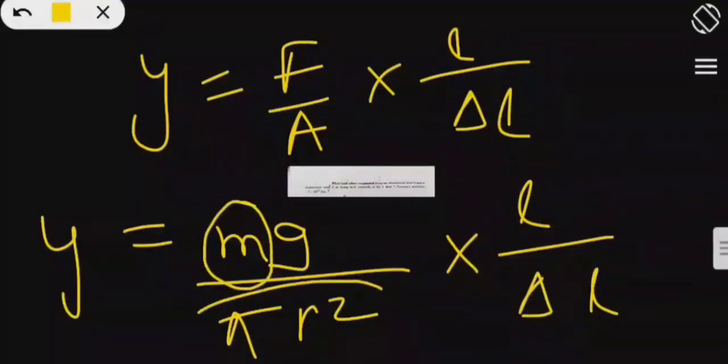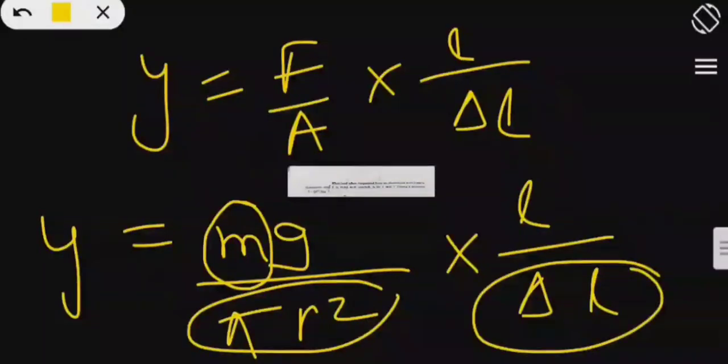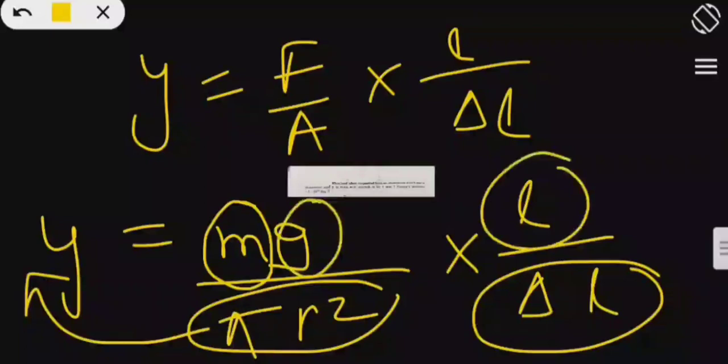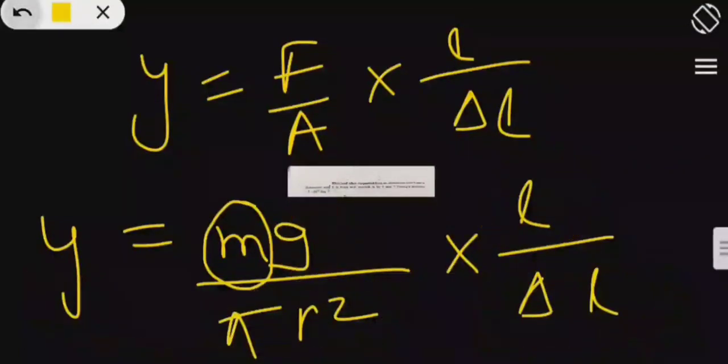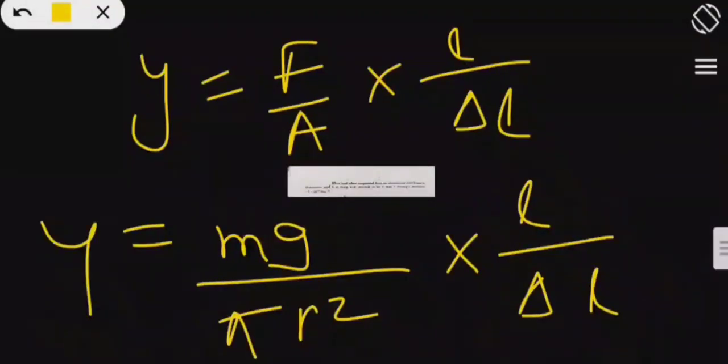So pi r square into delta L will be multiplied with Y, and g and L will be divided by that. Let me rearrange this equation.